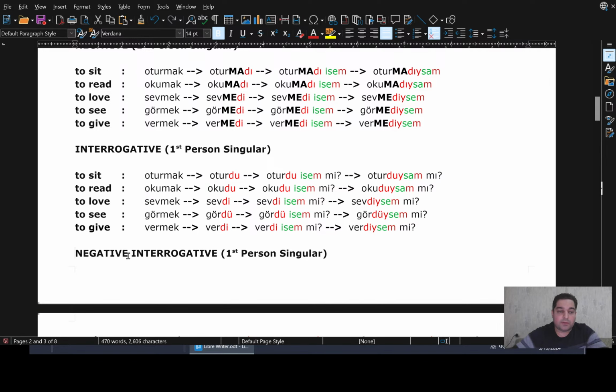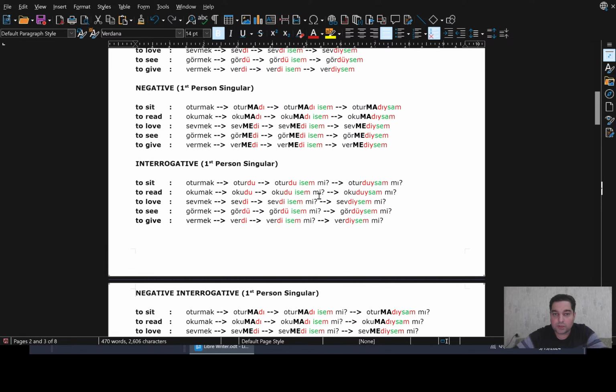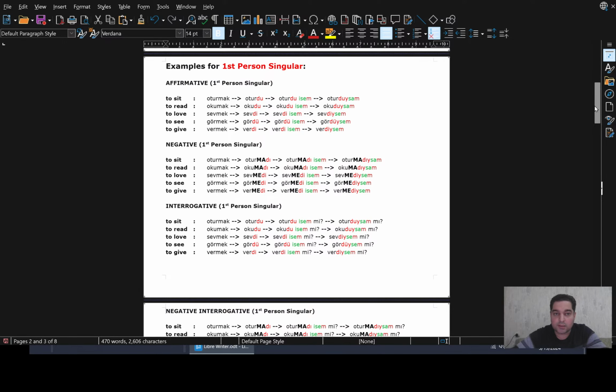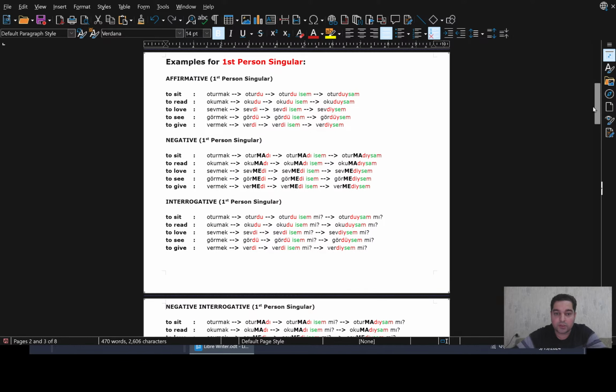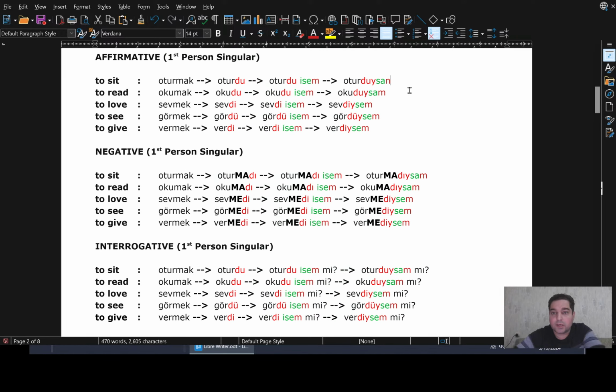If you want to see them on one screen, this is how they basically look. First person singular, it means that these are just for the first person, and of course you can make all of this second person. For example, here you will change that to n, right?